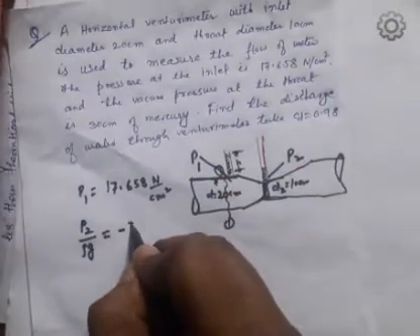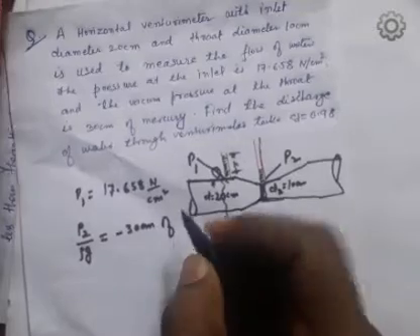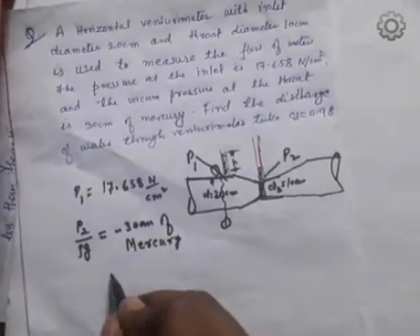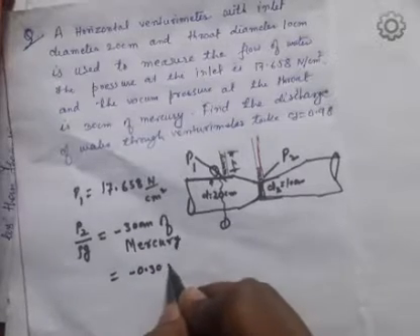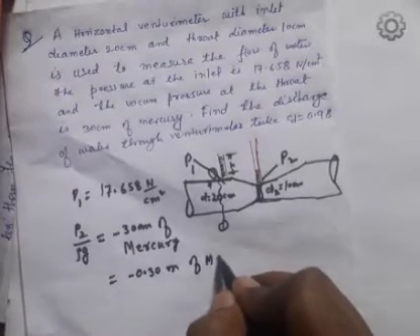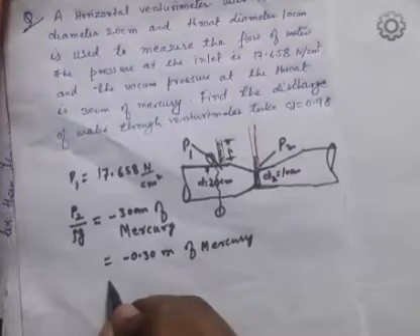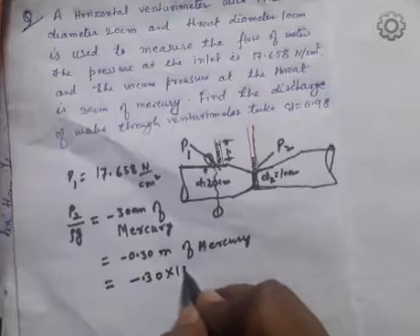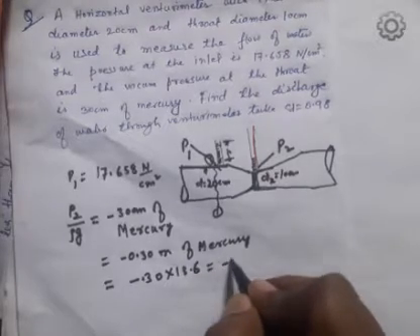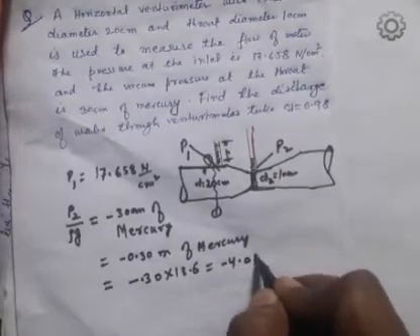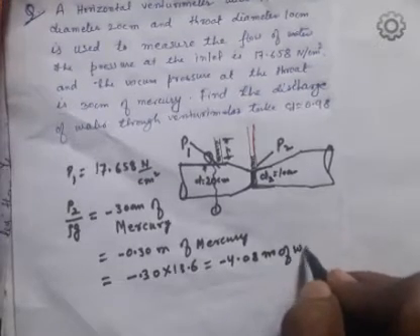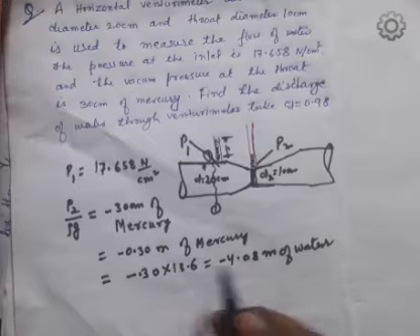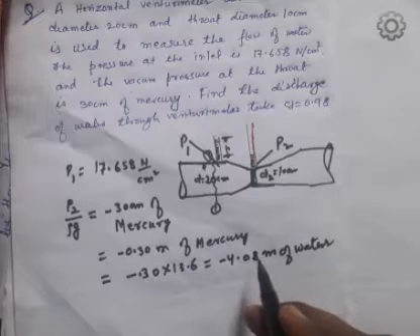P2 by rho g is minus 30 centimeter of mercury, that is minus 0.3 meter of mercury, and that is equal to minus 0.30 into 13.6, equals minus 4.08 meter of water. I have multiplied it by 13.6 to convert the head into terms of water.